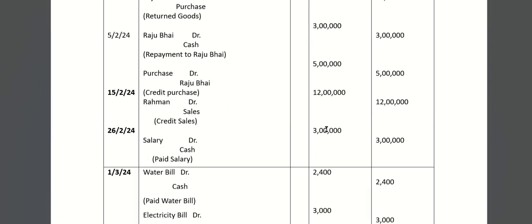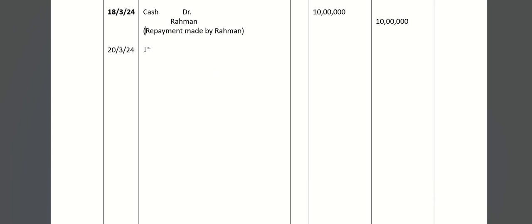Now we have told the owner has made a drawings from the business. So the account is drawings. Since it is an expense, when it increases, we should give debit. What all things has she drawn from the business? She has drawn sales, something that was to be sold to someone else was taken for her friends. And also one of her friends took some goods.